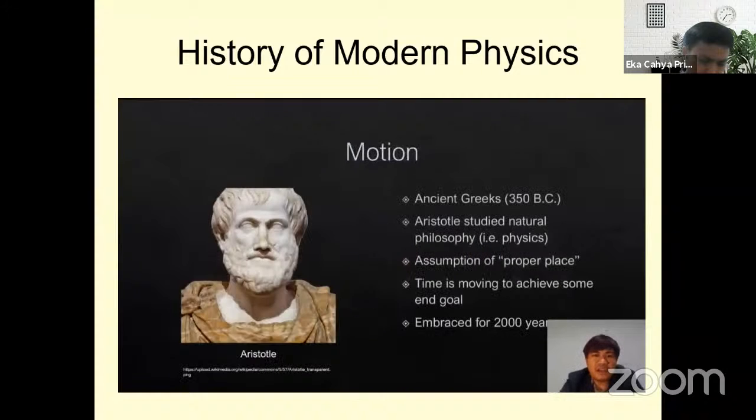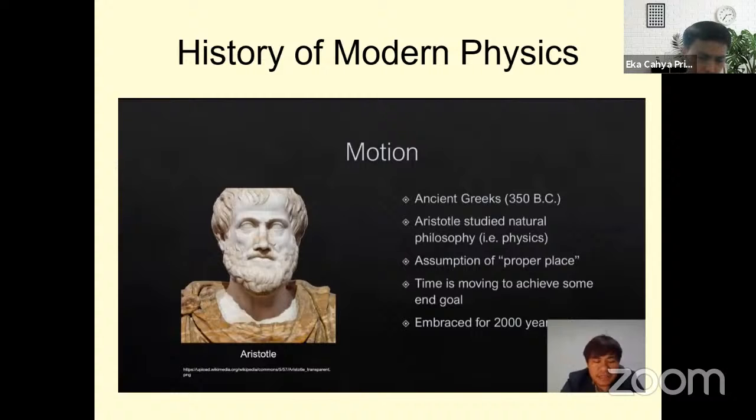The ancient Greeks held the record of a systematic effort of studying motion. Aristotle studied natural philosophy based on the assumption that every substance in the universe has a proper place, and that motion occurs because a substance tries to achieve its proper place.